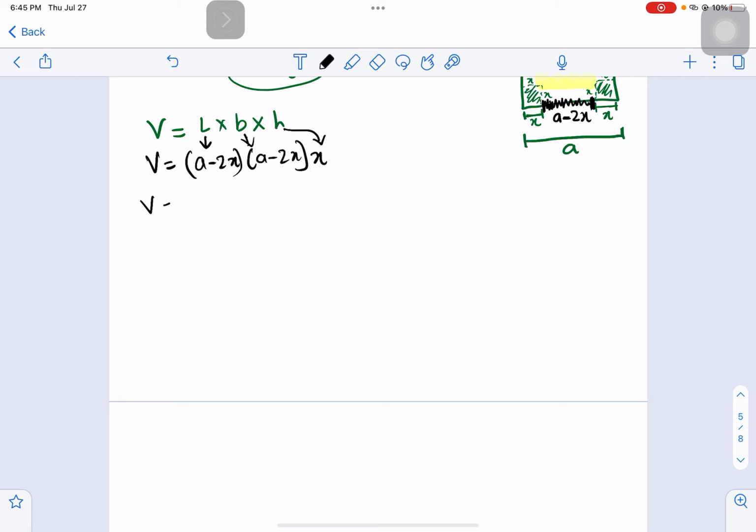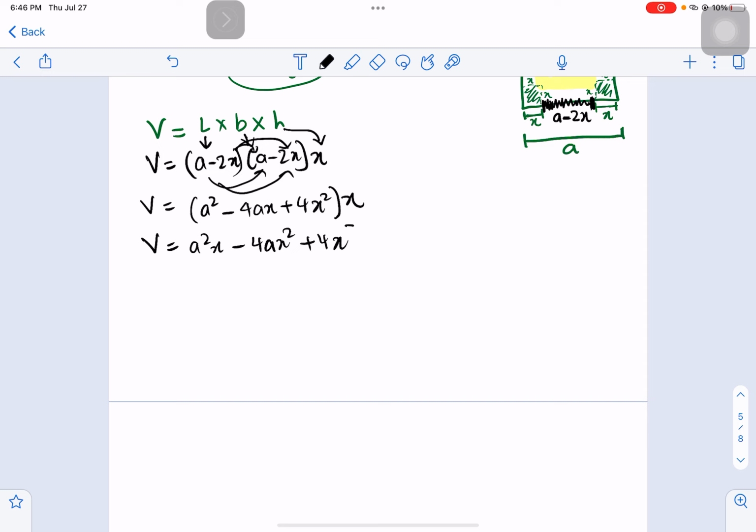If I simplify by opening up the bracket, I get a squared minus 4ax plus 4x squared, and further opening gives a squared x minus 4a x squared plus 4x cubed. So this is the main equation.